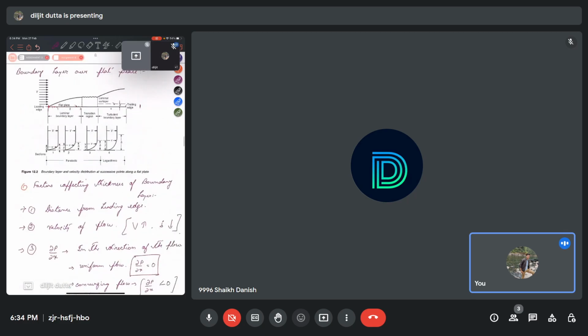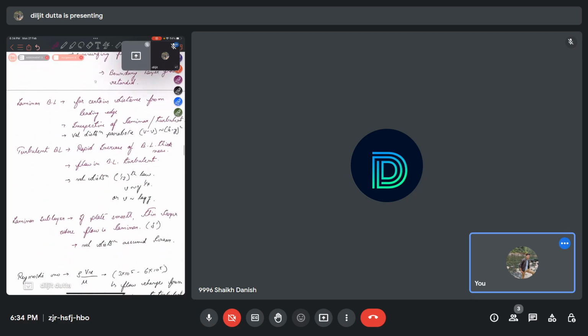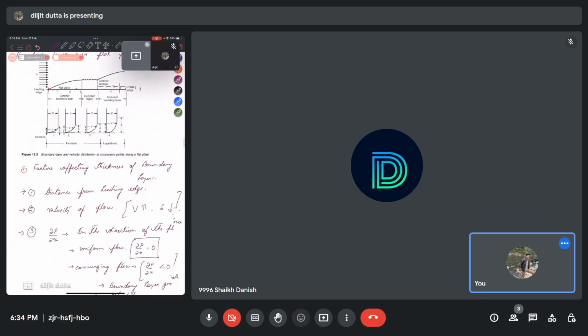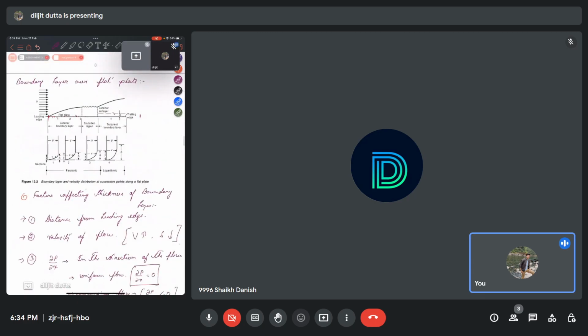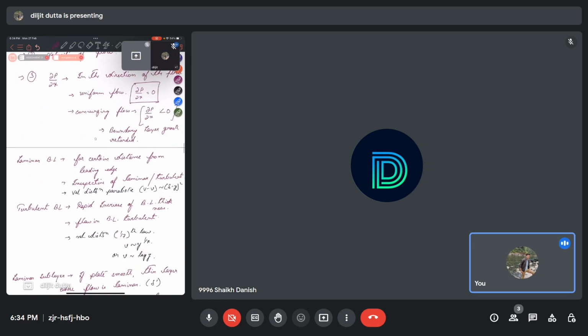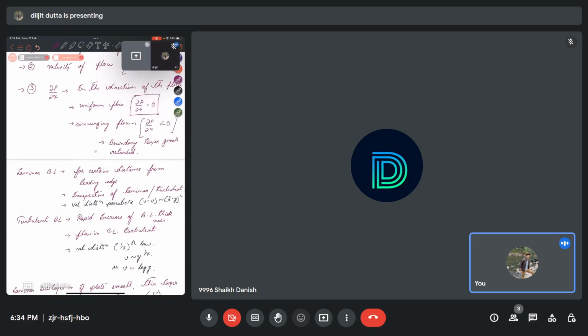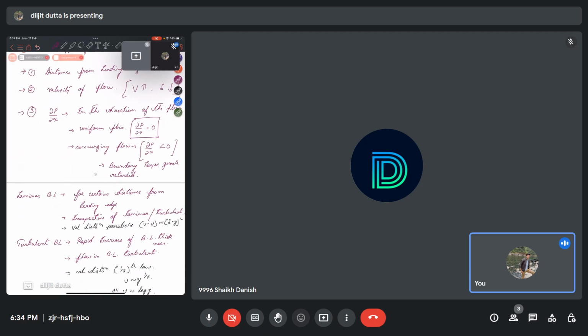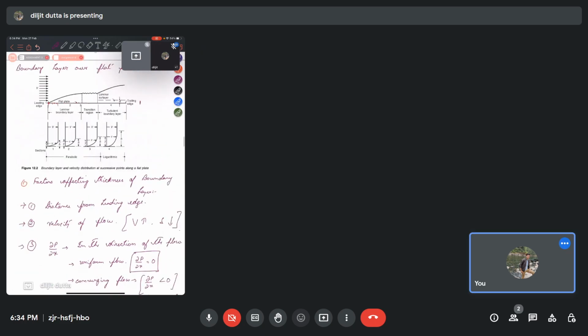Now let us come to the definitions of the three main boundary layers: the laminar boundary layer, the turbulent boundary layer, and the laminar sublayer. Whether the flow is turbulent or laminar, in either case the laminar boundary layer will be forming from the leading edge to some distance.